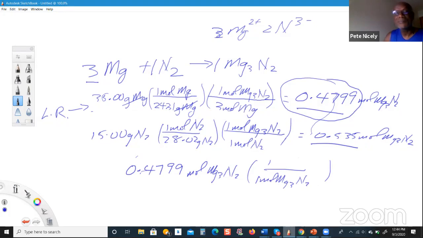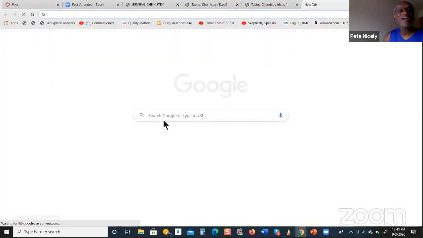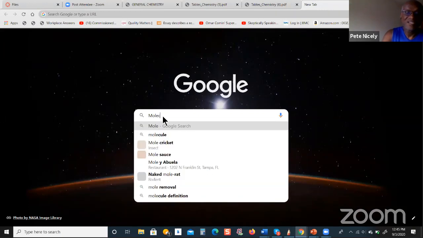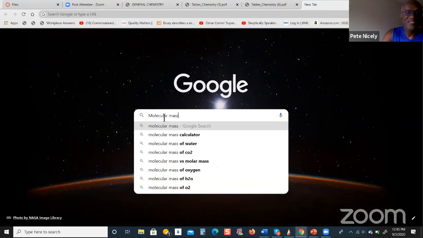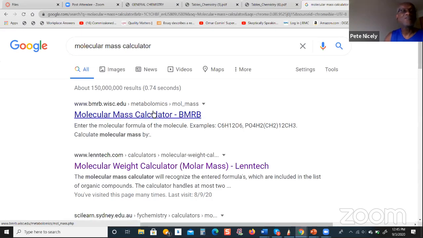Now, since I'm a lazy person, I'm going to cheat a bit. I'm going to go to my molecular mass calculator. So I think this is the one I'm going to use.